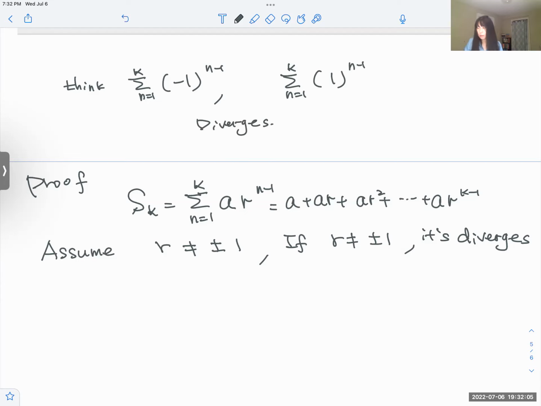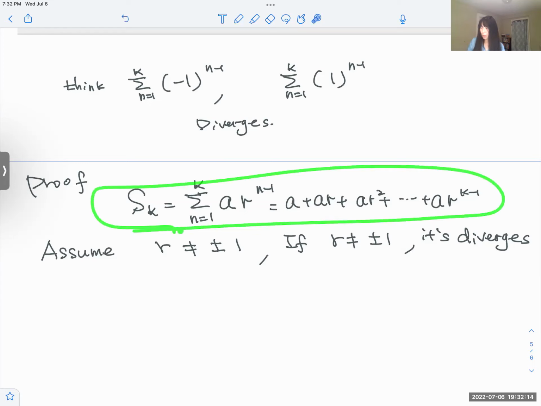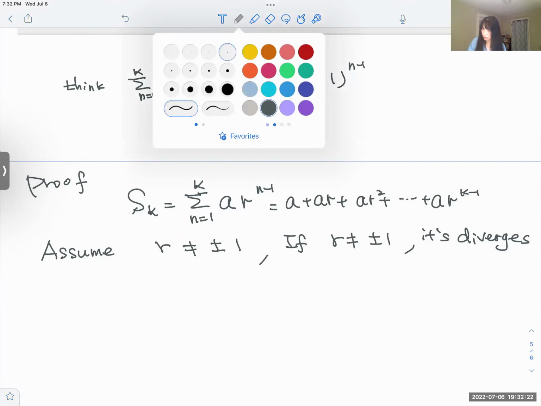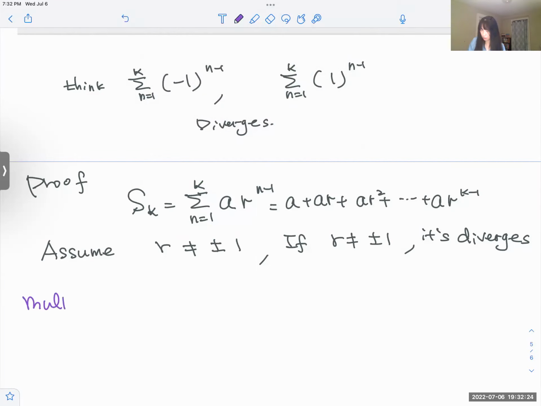Okay, then let me start. We have this, right? Then I want to multiply by 1 minus r, both sides. So we have 1 minus r, and we get 1 minus r there. Where should I write that?